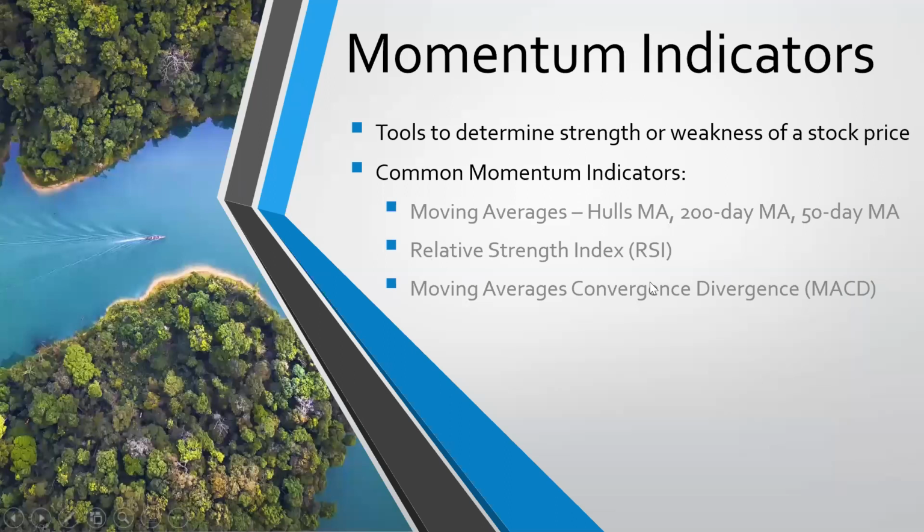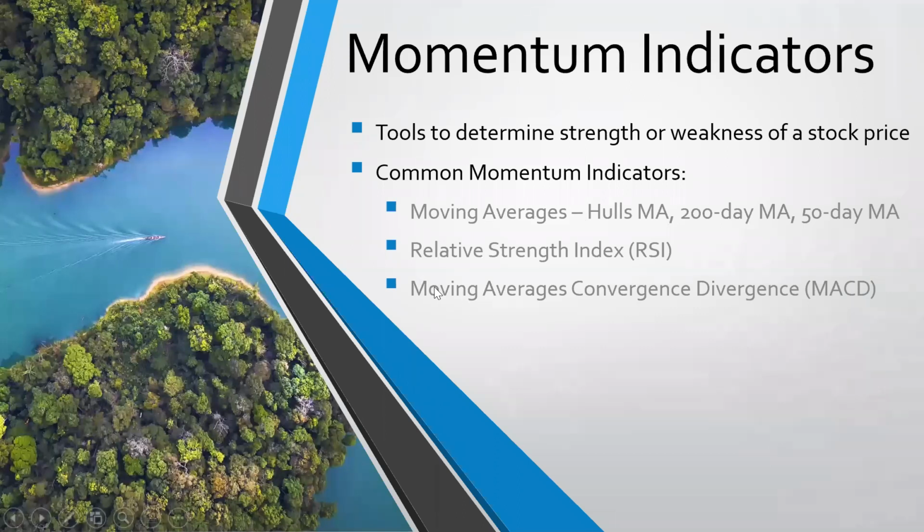The next common momentum indicator is the relative strength index. This basically determines the strength or the weakness of a stock price. I'll explain in detail and I'll show you practical examples of how each of the moving averages or indicators work.